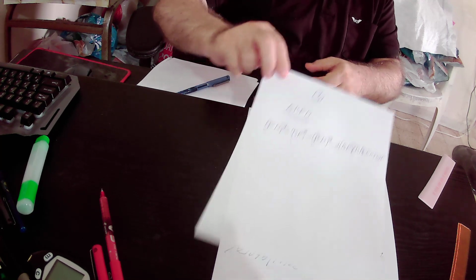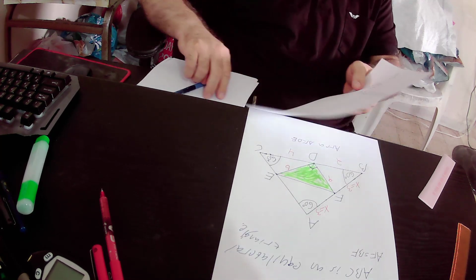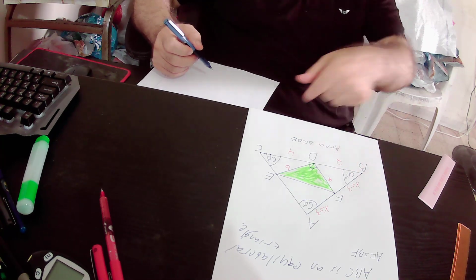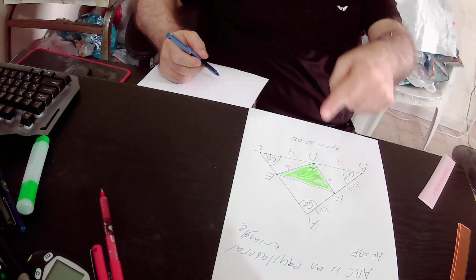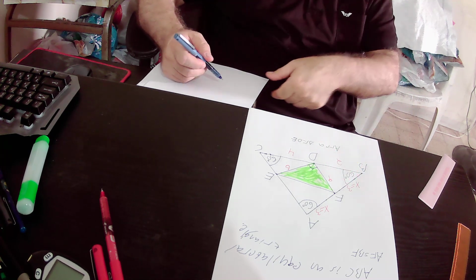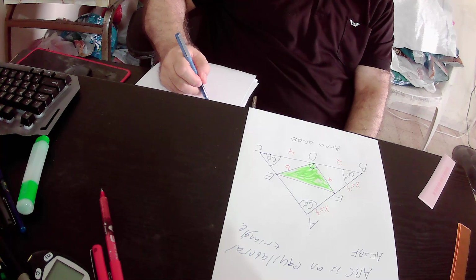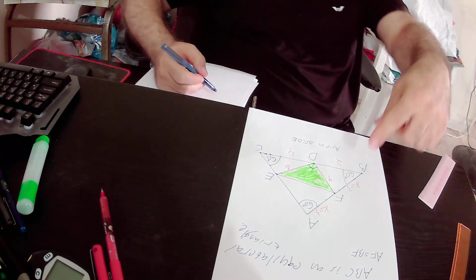But we defined FD as A, so we can substitute FD by A. So A squared equals BF squared.